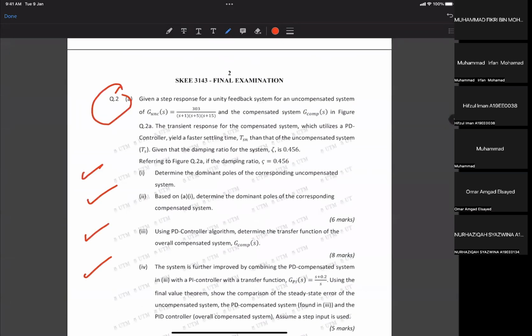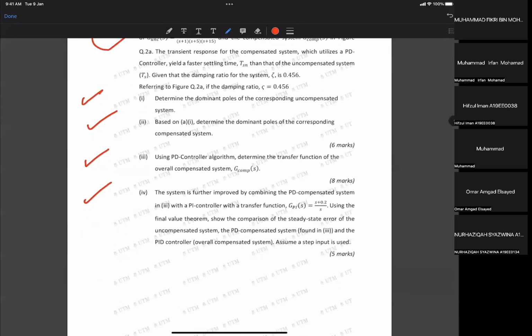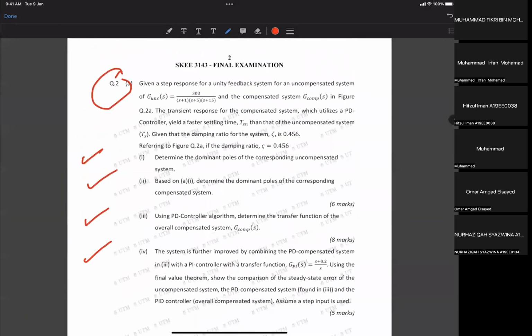Zeta 0.456. What do we get from the graph? Apa yang kita dapat dari graph? The root locus is not given, it just gives the open loop transfer function.